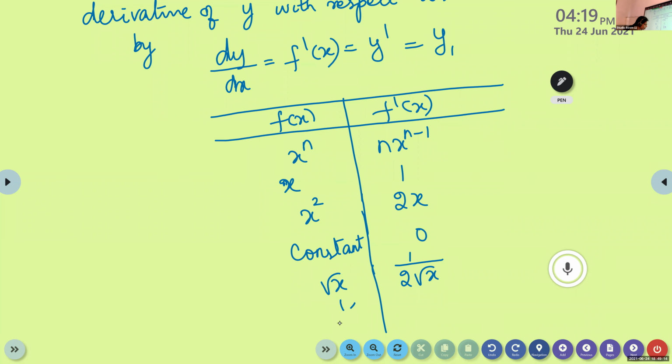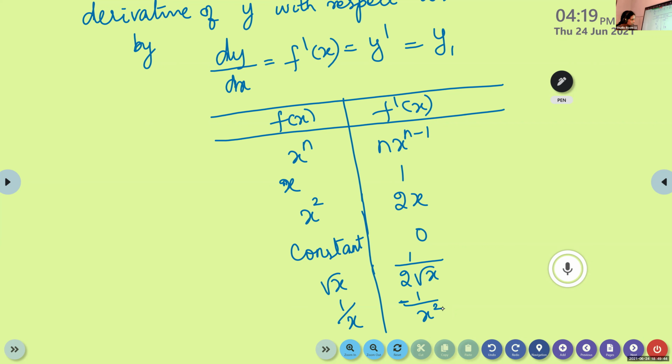What about the derivative of 1 by x? Gayatri. Derivative of 1 by x is minus 1 by x square. Derivative of 1 by x is minus 1 by x square.